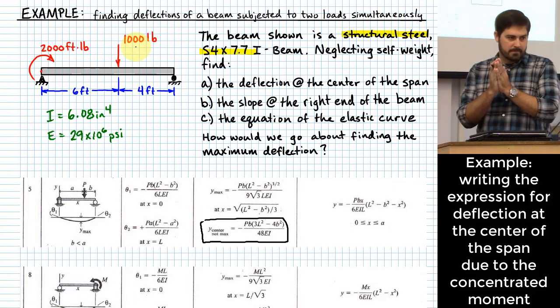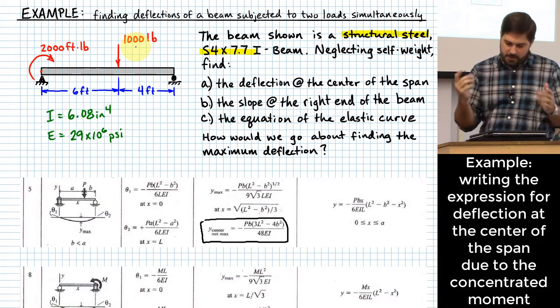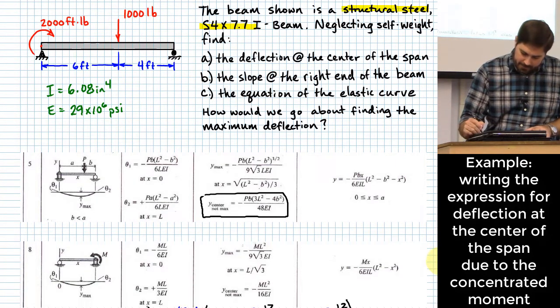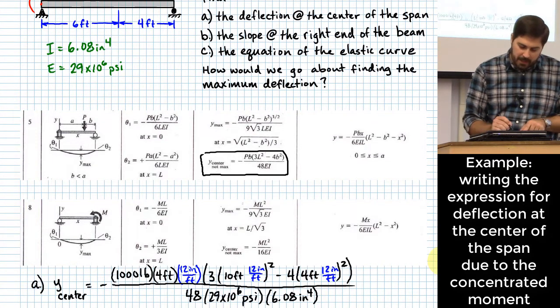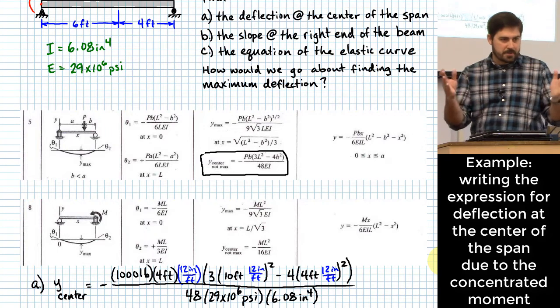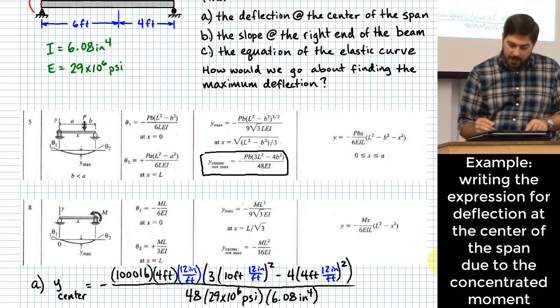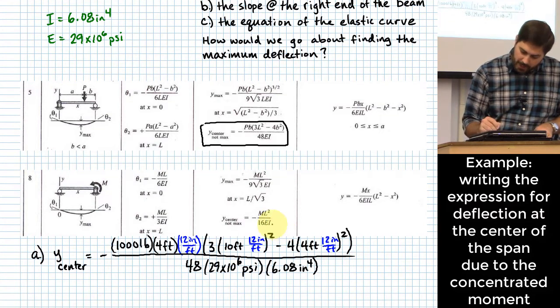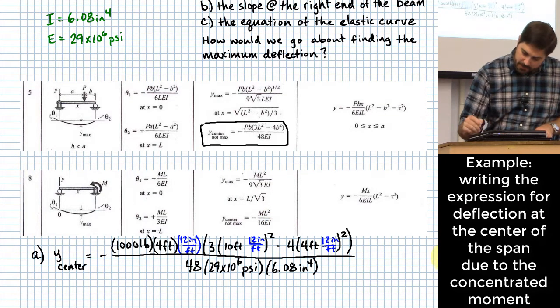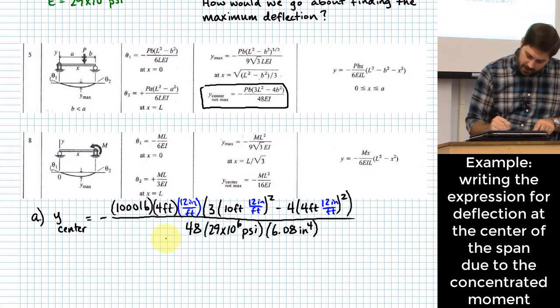So for this question, because the center is the center regardless of which direction I'm coming from, I should be able to just apply this equation as is. So I'm going to take what I have there and subtract ml squared over 16 EI.